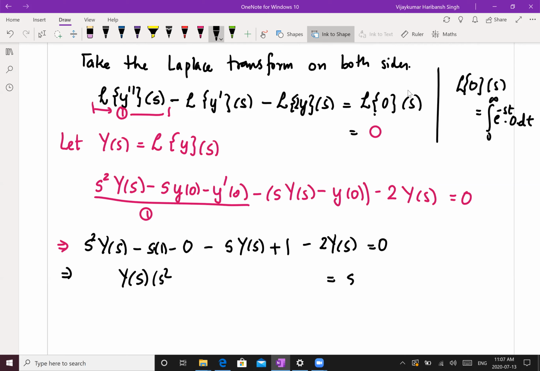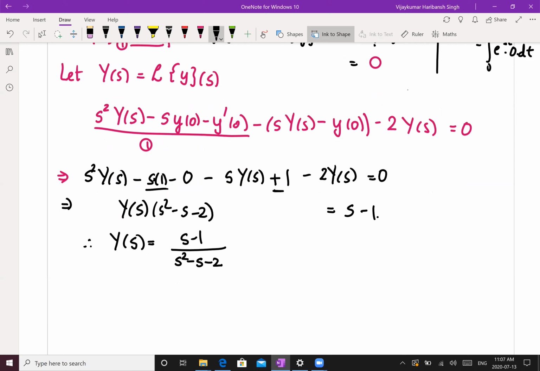So we get s on the other side, and the minus 1 goes to the other side too. Therefore, Y(s) is (s minus 1) upon (s squared minus s minus 2).